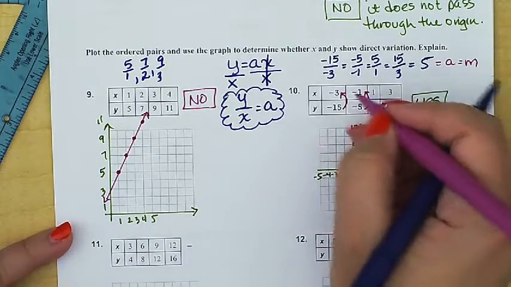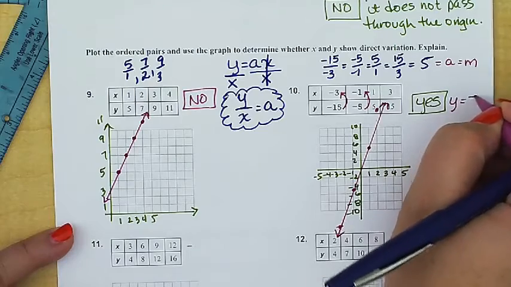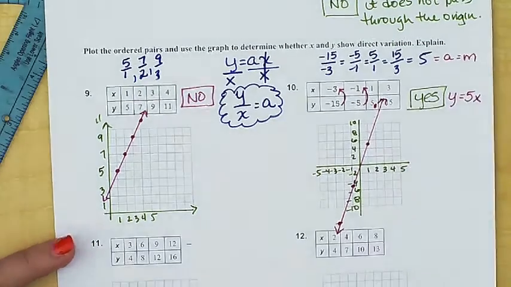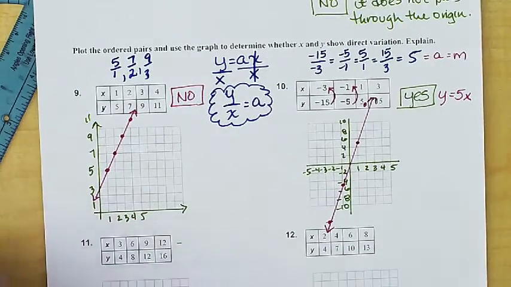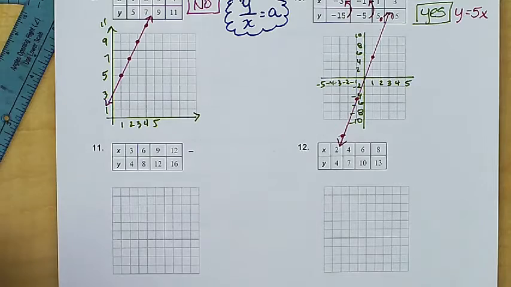So by doing that division, I could even go further and write this equation. It's just y equals ax, because a is that 5 that we kept getting the whole time. You can always do it by graphing and checking to see if it passes through the origin, but now you know you have another tool. So let's finish these out with that in mind.